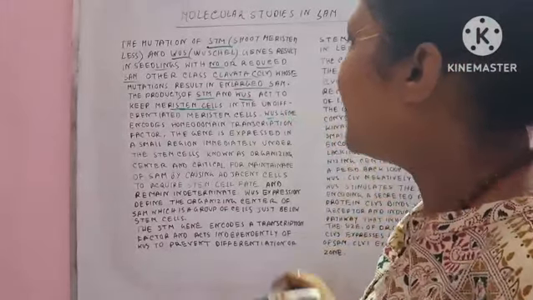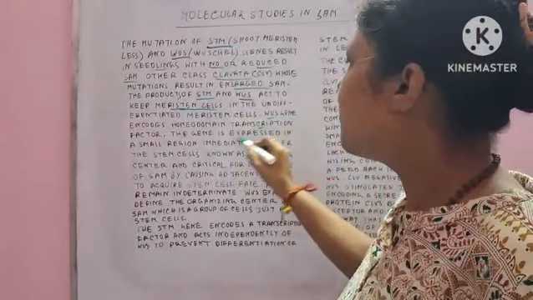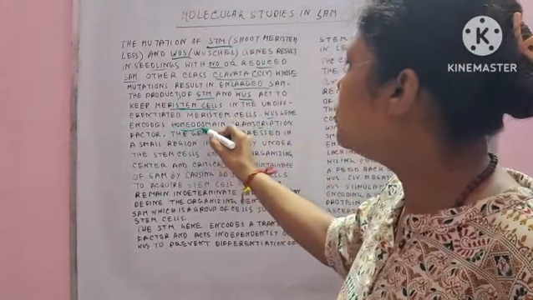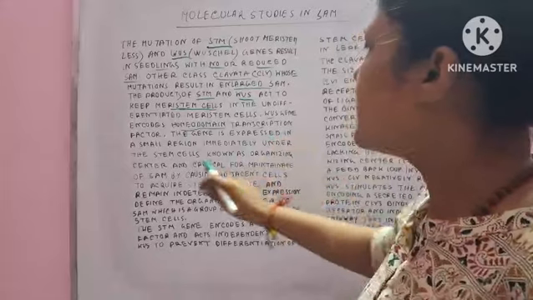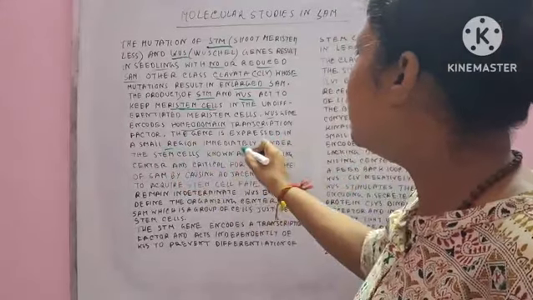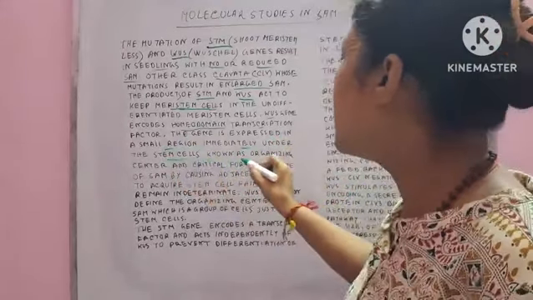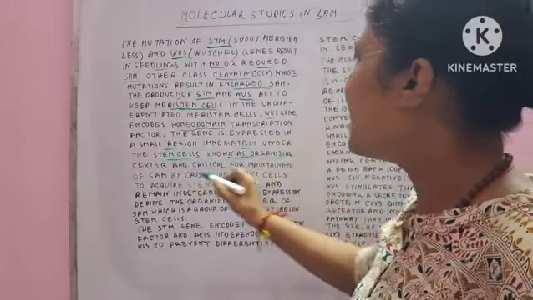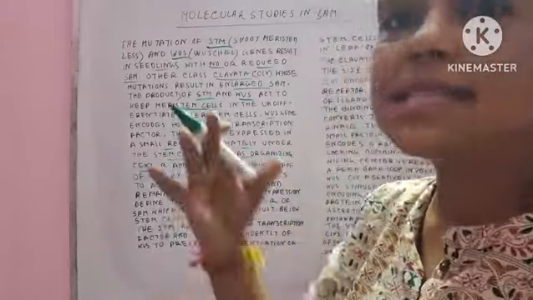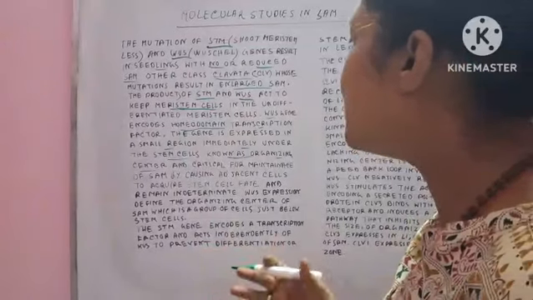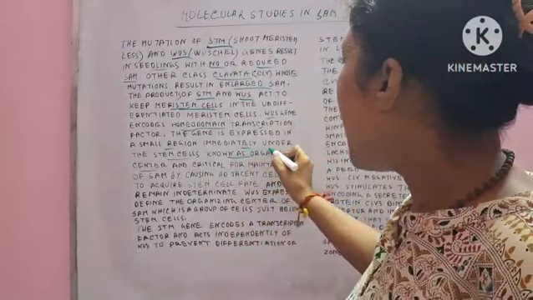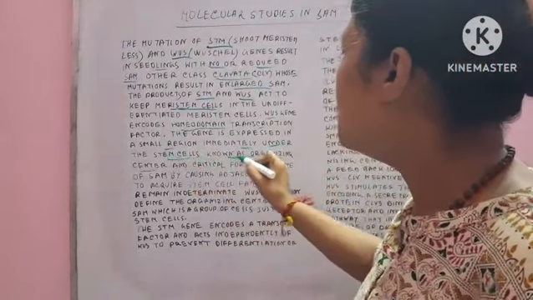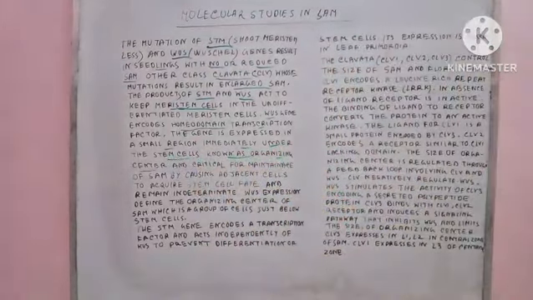The WUS gene encodes a homeodomain transcription factor, and the gene is expressed in a small region immediately under the stem cells, known as the organizing center.